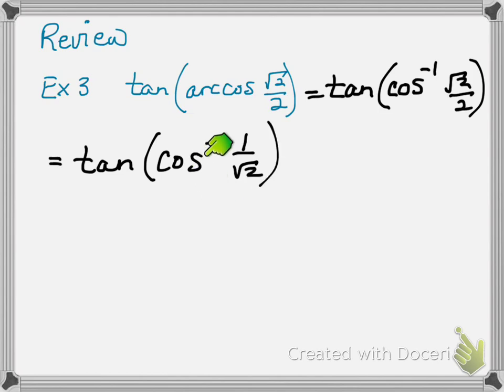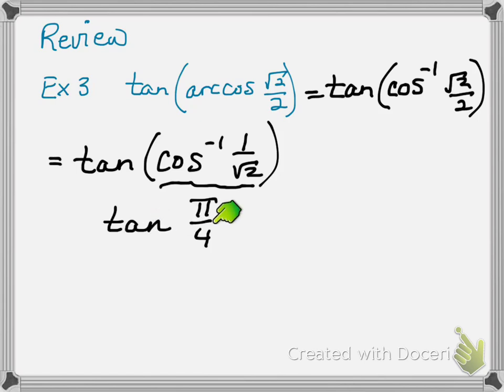So maybe we think of this problem like this. And of course, if your adjacent is 1, and your hypotenuse is radical 2, that means our reference angle is 45 degrees. So the answer to this would be 45 degrees, or in radian measure, pi over 4. But I still have a tangent in front of that pi over 4.